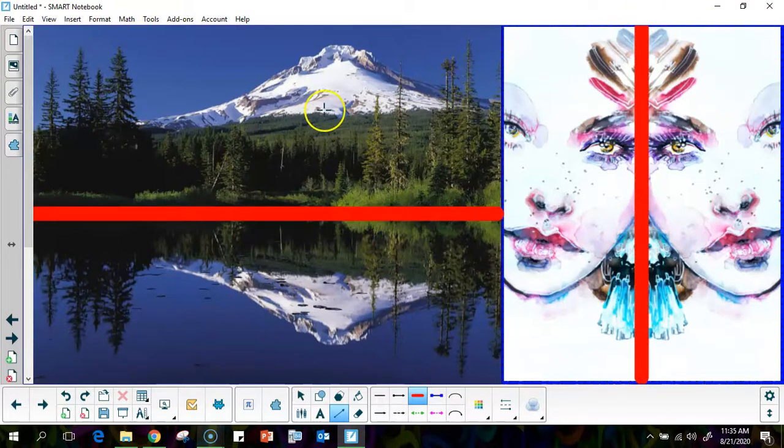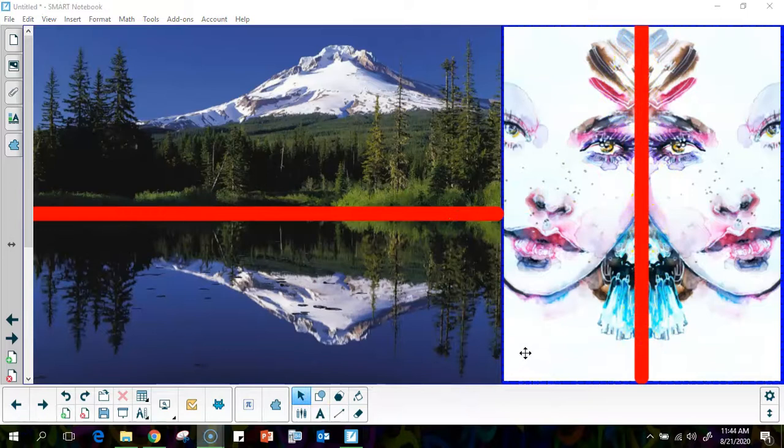And so Mount Hood has been reflected across a horizontal line, but this face on the right has been reflected across a vertical line. So it is possible to have a reflection across many different lines. These are just two examples. If you think about math, on the coordinate plane, we have a horizontal line that we call the x-axis, and a vertical line that we call the y-axis.